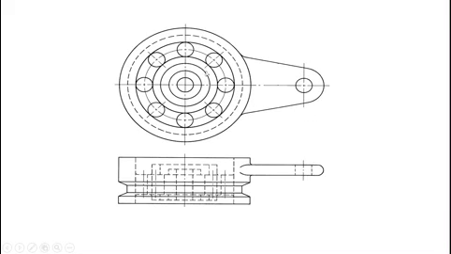If we focus on the front view, you can see that inside of this drawing we have too many hidden lines. With this many hidden lines, it is not easy for us to see exactly what is happening on this drawing. It is difficult to read such a drawing that has only hidden lines like this.